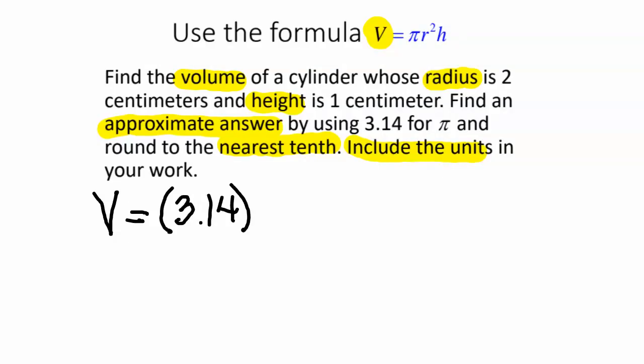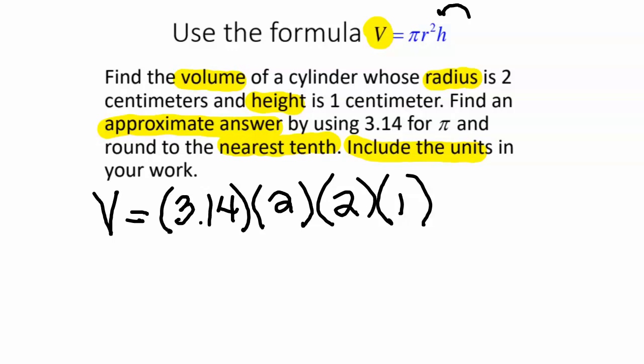Now, this radius has 2 of them. I like to write it 2 times 2. And my height is 1. This little r, because it has 2, I write it out just to make sure that I do not make a mistake.